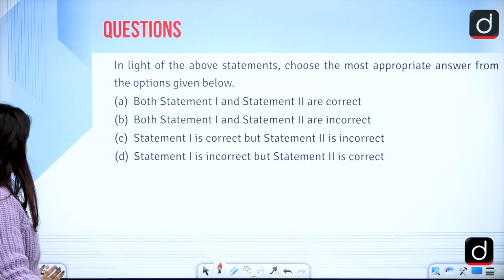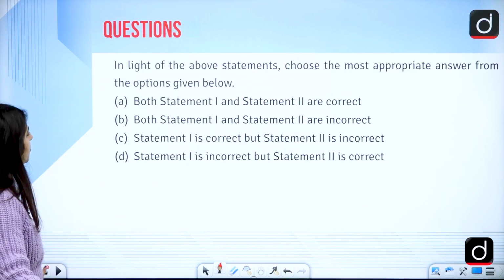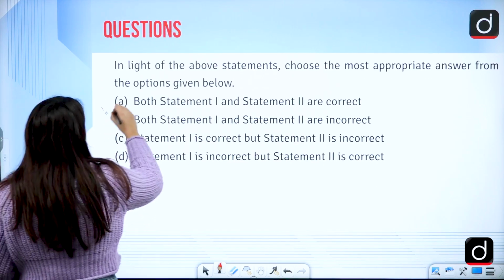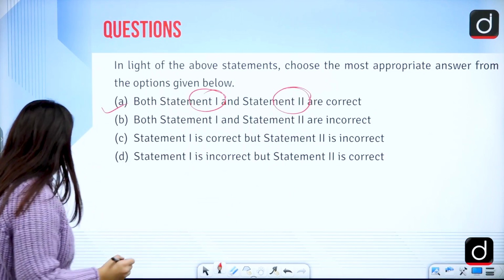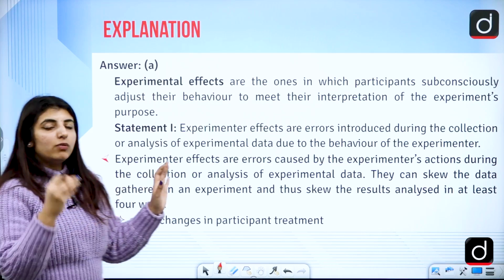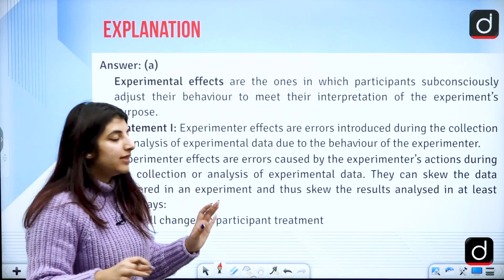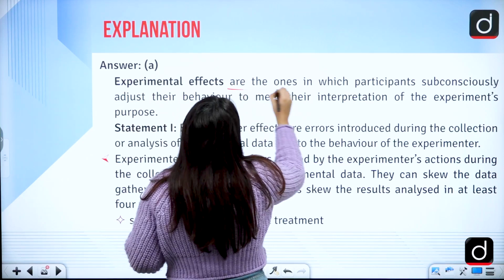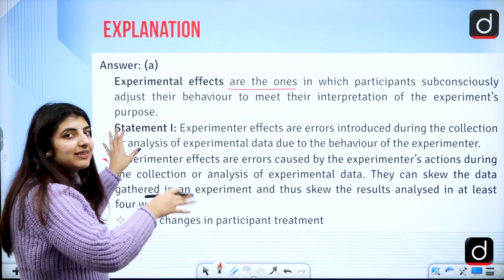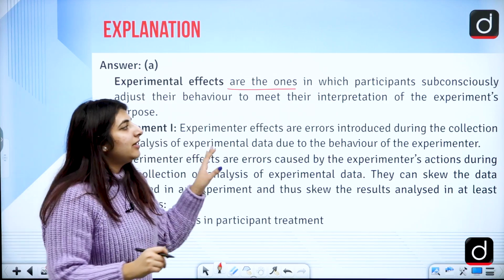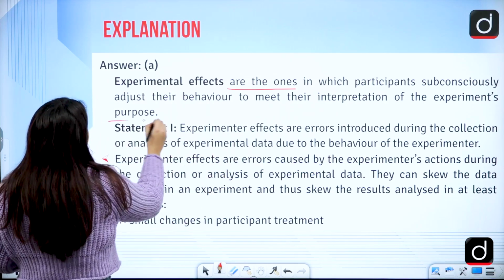The answer that we have here is option A, which means statement 1 and statement 2 are both correct. How is that? Let's see. First of all, what are experimental effects? Experimental effects are the ones in which participants subconsciously adjust their behavior to meet their interpretations of the experiment's purpose.